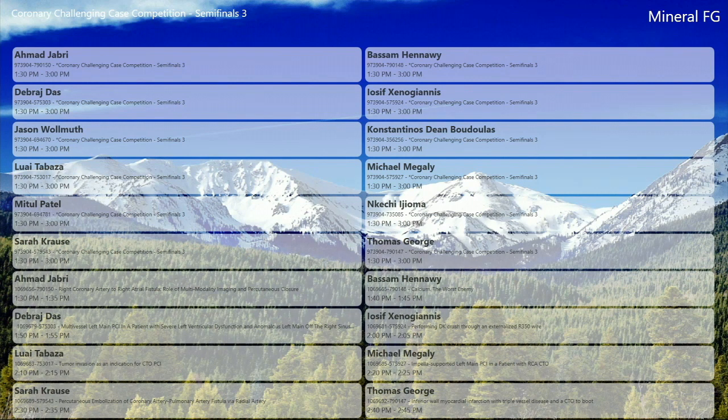Yeah, I think the thing to remember too is obviously this case is different because the right was feeding a huge territory, not just the right, but the entire LAD territory. So in a case like this, if a patient decompensates hemodynamically, it's almost certainly going to be related to LV failure. But in a typical right coronary artery infarct, the reason they fall apart is because of RV failure, not LV failure.